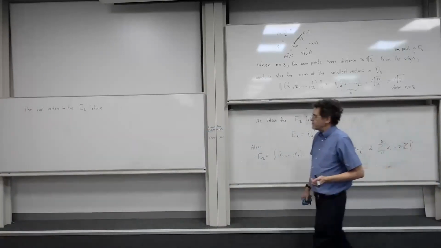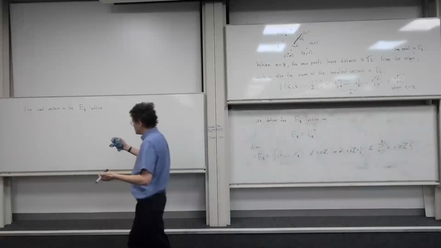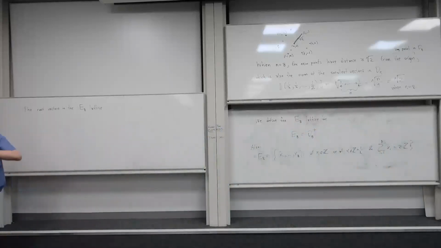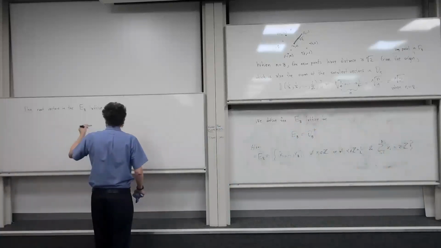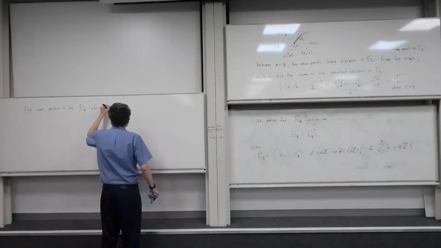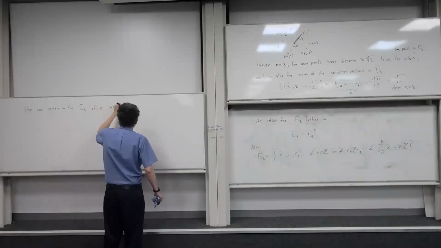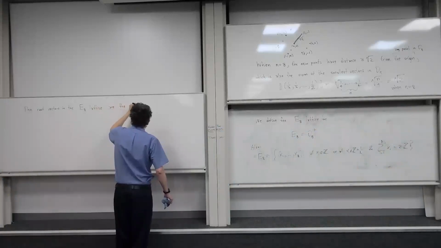That's what it means to be a root vector. You can reflect along it and it maps the lattice to itself, and those reflections generate the whole symmetry group of the lattice. So the root vectors in the E8 lattice happen to be the shortest non-zero vectors.